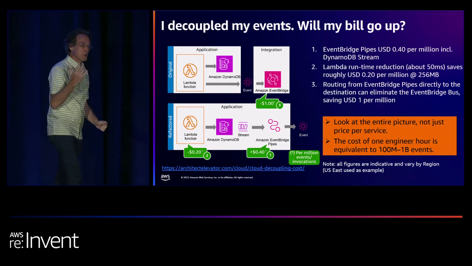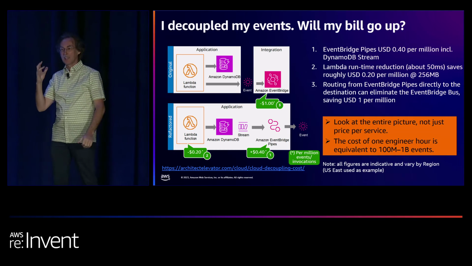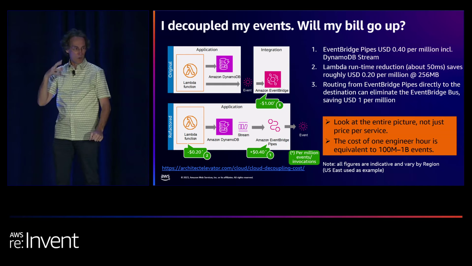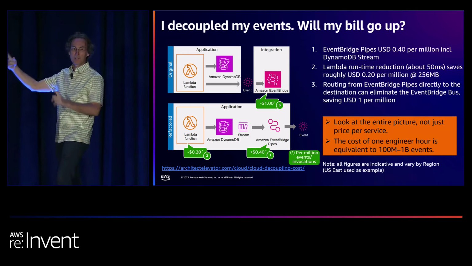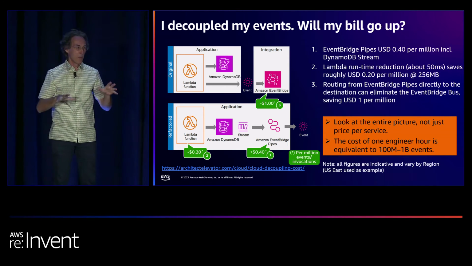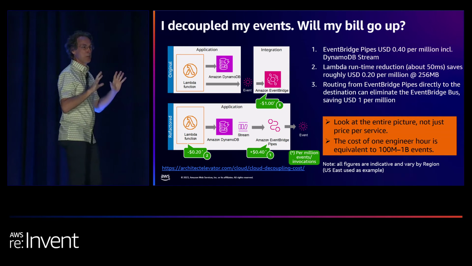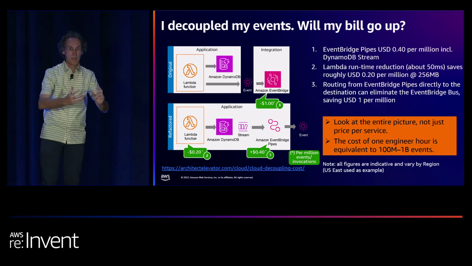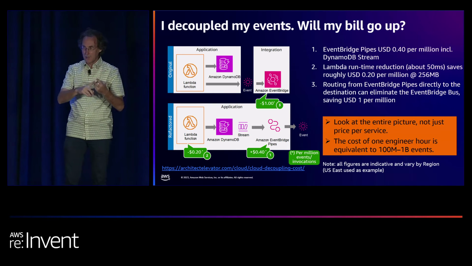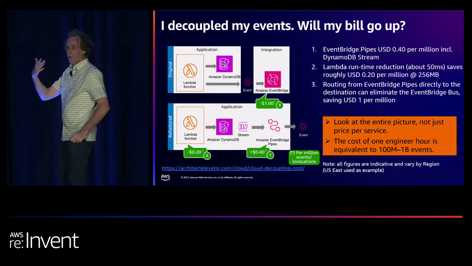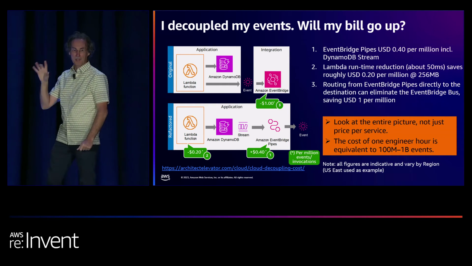The other thing not to forget is serverless is cheap. Think about what one developer hour would cost you, and how many events you can send for one developer hour. Unless you're running Black Friday, you're probably doing pretty well refactoring things so that they're easier to debug, easier to understand, makes your developers more productive, because that developer hour is probably worth like 500 million events alone.